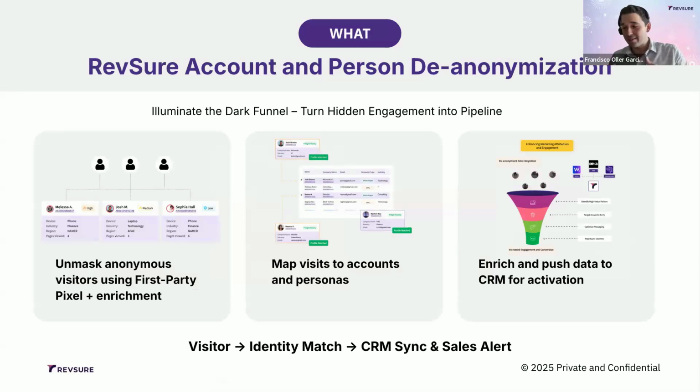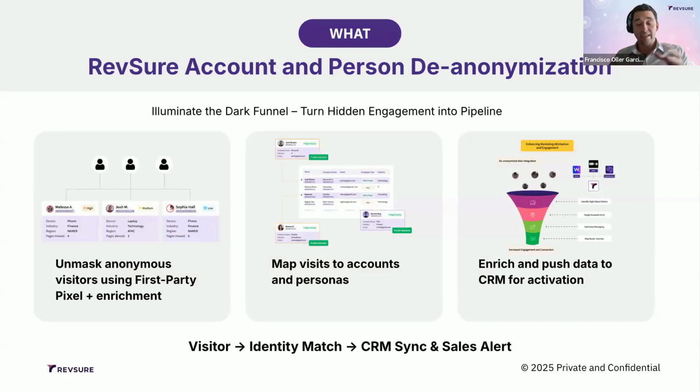Absolutely. So, it's about giving you a whole picture, right? And we unmask those anonymous visitors using our first party pixel, and then layer on our own enrichment and different partners that we work with to not only show you the accounts and those visitors, but then map that to your CRM.